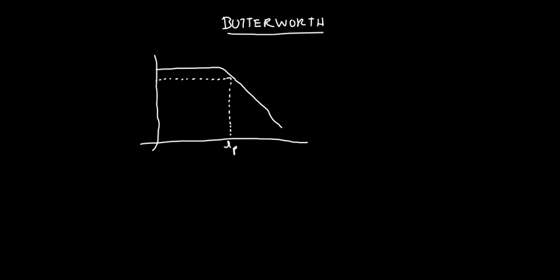The second one is the stop band frequency, and this particular region is the passband attenuation, and this one is the stop band attenuation. Apart from this, you have two more parameters.